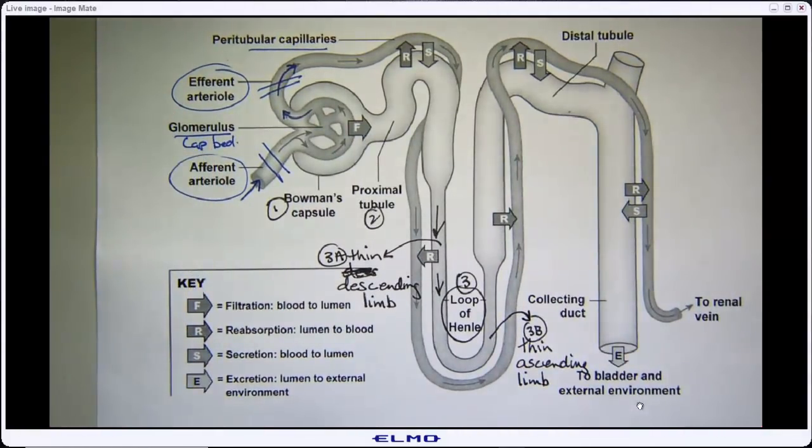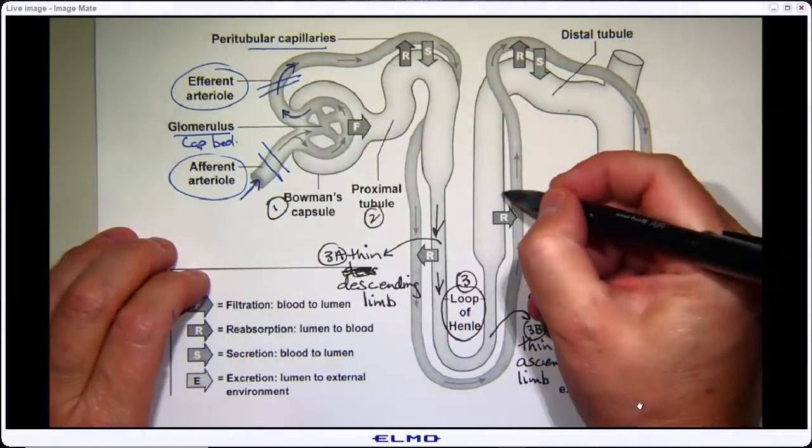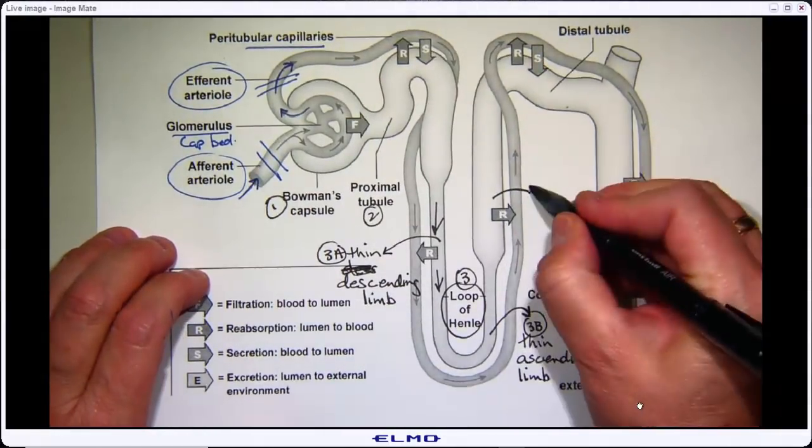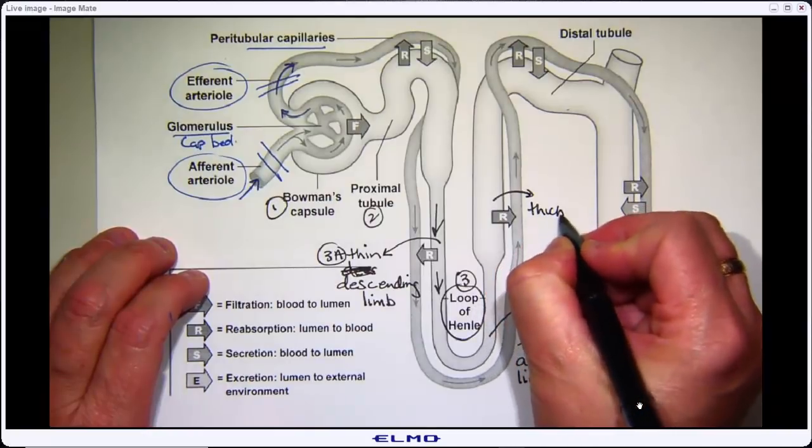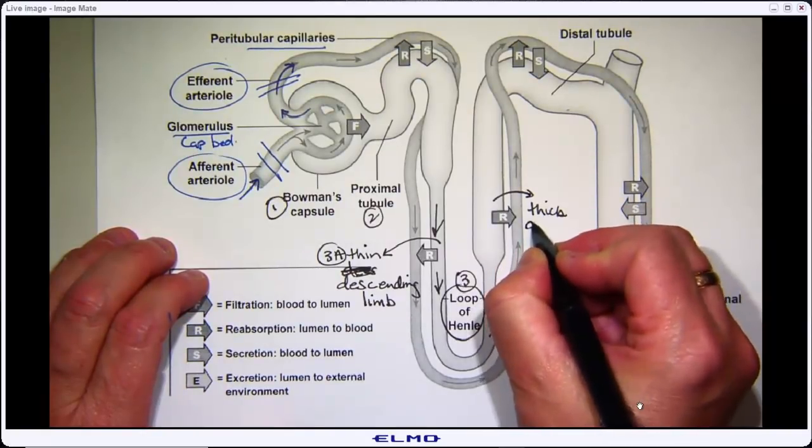Okay, and then as we ascend up towards the cortex region, it changes its wall structure, and now it's called the thick ascending limb. So it's still heading up to the cortex, but now its characteristics have changed. So they call it the thick ascending limb.